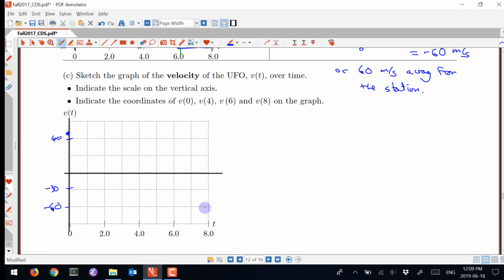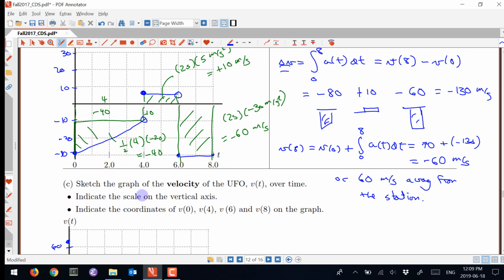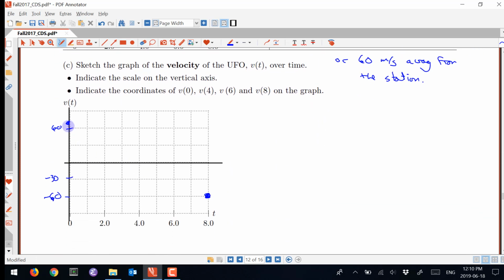So 70 is where we start, negative 60 is where we ended. Now what else do we know? The translation between a function and its antiderivative is that over this time frame, say 4 seconds here, the change is going to be captured by this negative 80. Oh wait, this number here, on those 4 seconds, we're going to have gone down 80. So from 70 down 80 is negative 10. That'd be around here, negative 10.